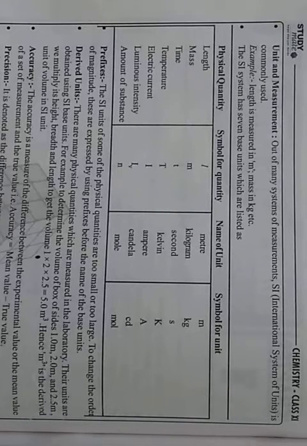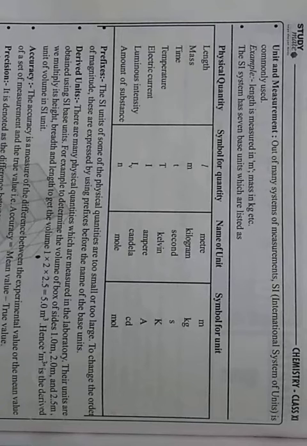Mass: symbol of quantity m, unit kilogram, kg. Time t, second, s. Temperature, capital T, Kelvin. Electric current I, ampere, capital A. Luminous intensity I nu, candela, cd. And amount of substance n, mole, represented mol.